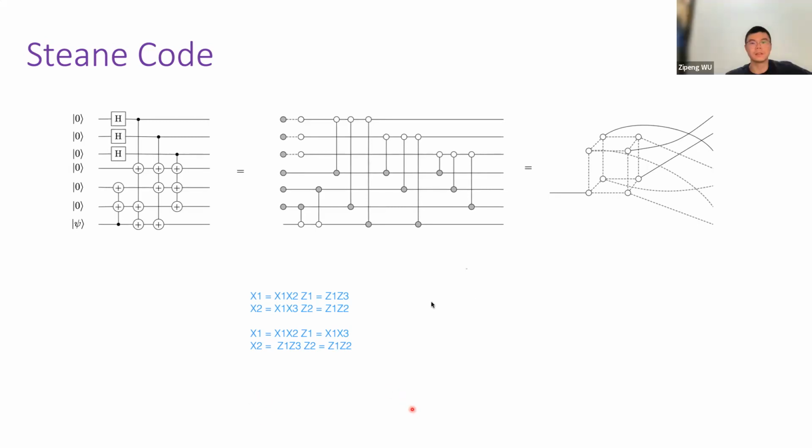So for the standard encoder of the graph code, the logical Z is Z1, Z2. Not sure if this is what you wrote, Sarah, because X1 and Z1 in this case don't anti-commute. Sorry, X2 bar should be implemented by Z1, Z2.